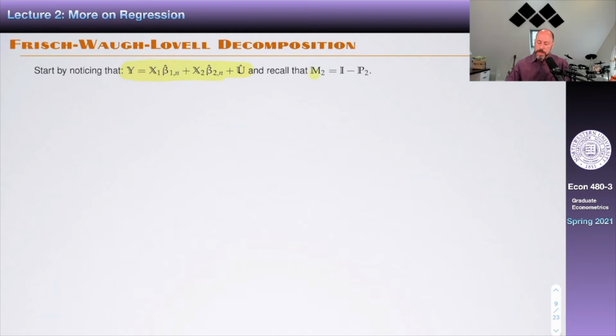And remember that this matrix M2 is the residual maker matrix associated with the variable x2. So we're going to pre-multiply by M2, and so we're going to have this.